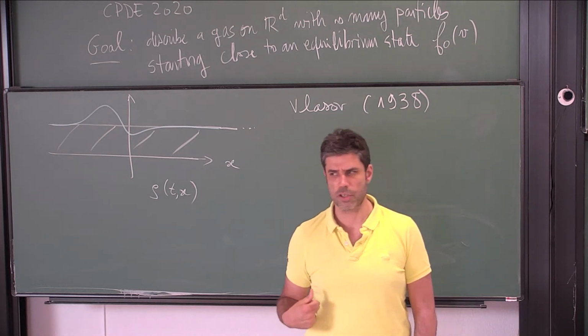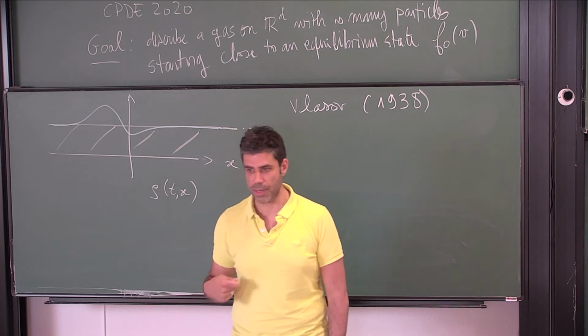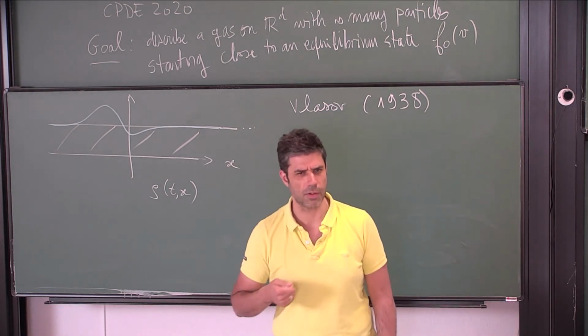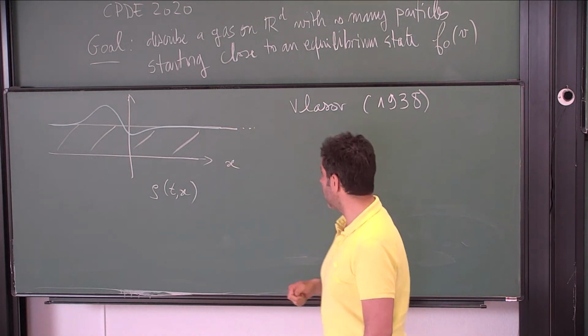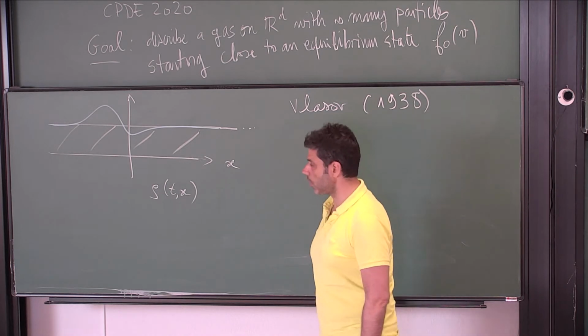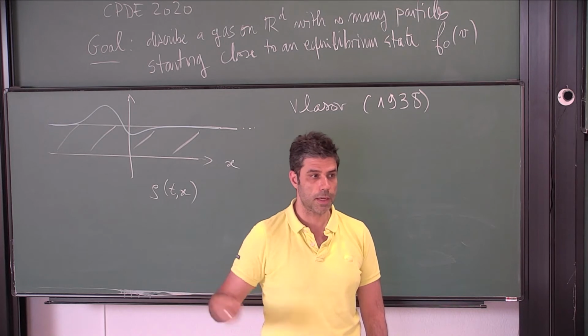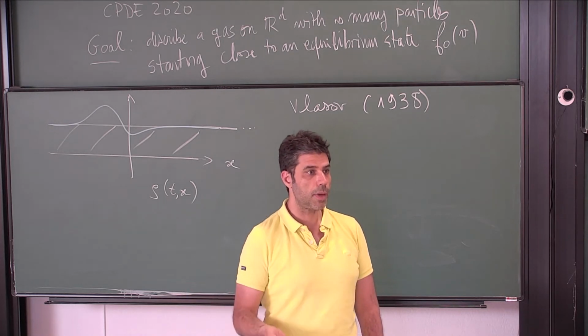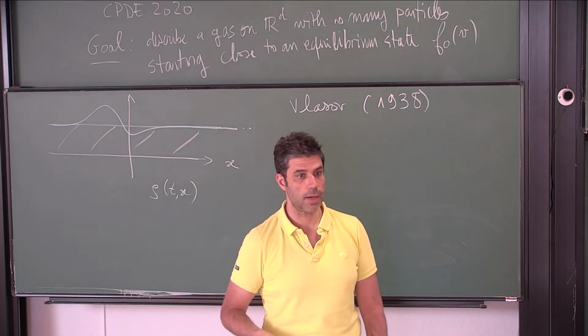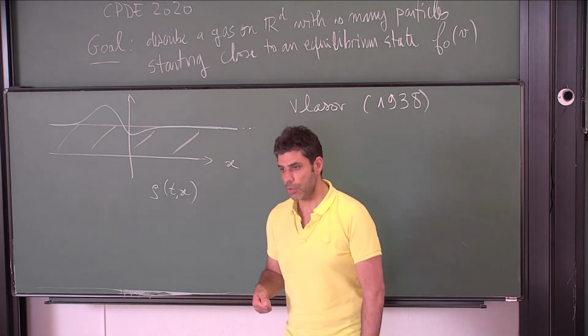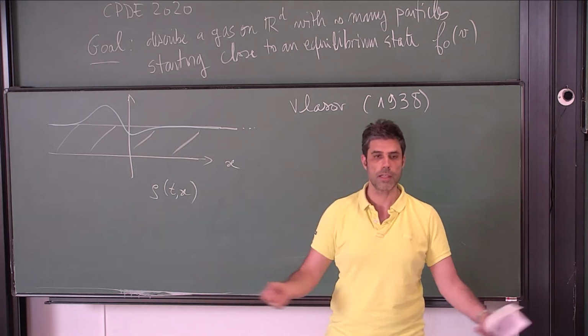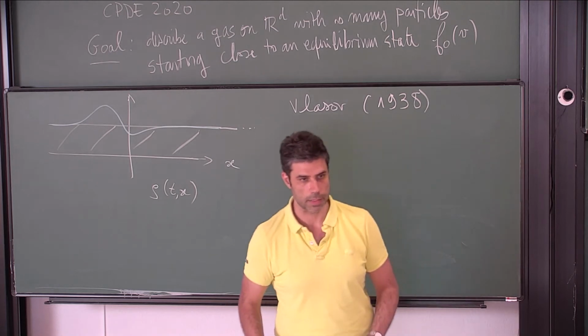It's a paper in Russian, but there is a translation from the 50s which you can find on the internet. Vlasov was looking at the situation where F0 was the Maxwellian or the Fermi-Dirac distribution, and particles were electrons interacting with the Coulomb potential. So he wanted to describe a gas containing infinitely many charged particles.